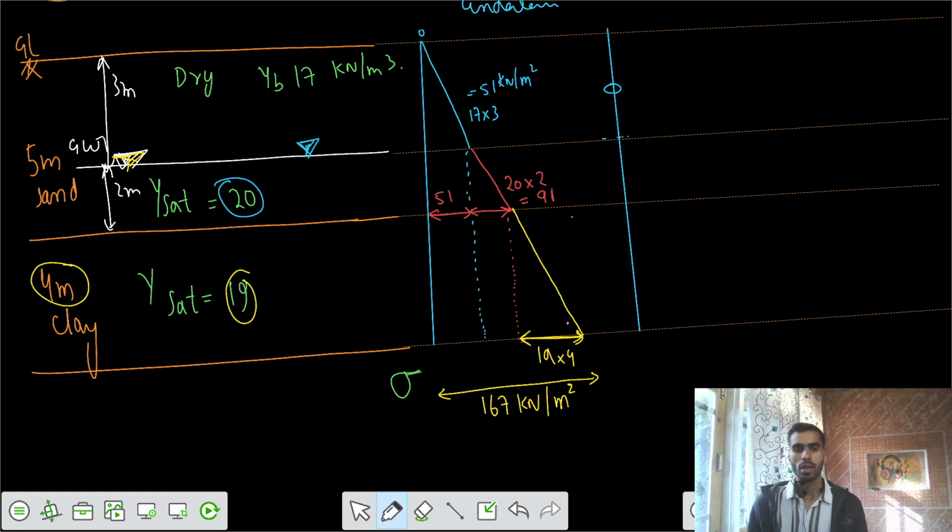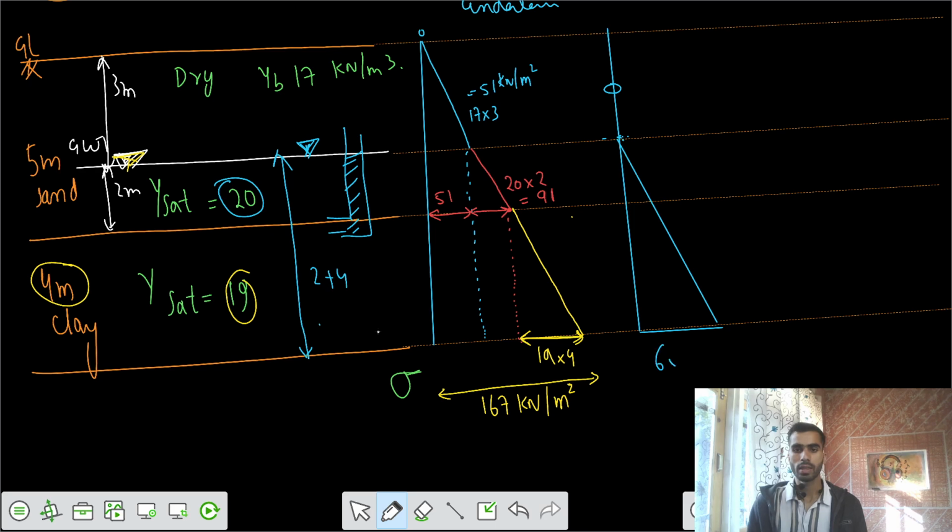Then if you place a piezometer somewhere here, you would get a level of water up to the level of the groundwater table. So the pressure distribution would be a linear variation. The final value here would be the total depth. What is the total depth here? 2 plus 4, that is 6 meters.